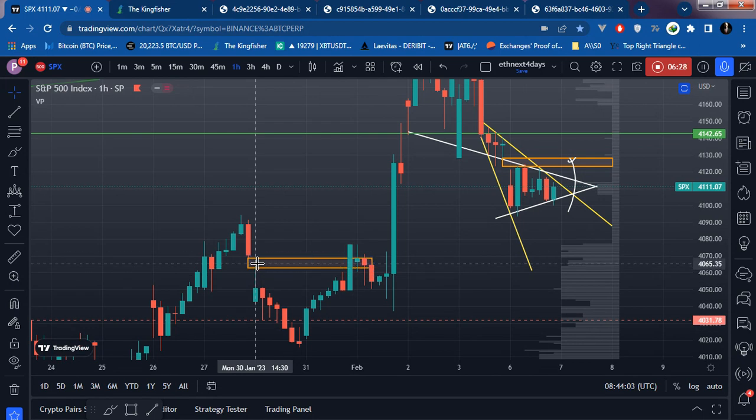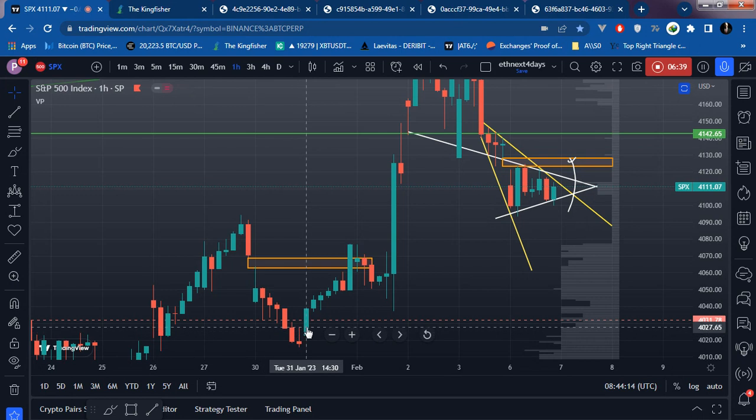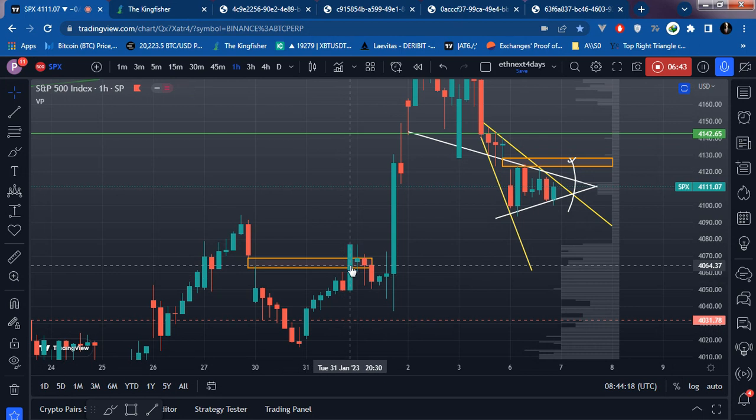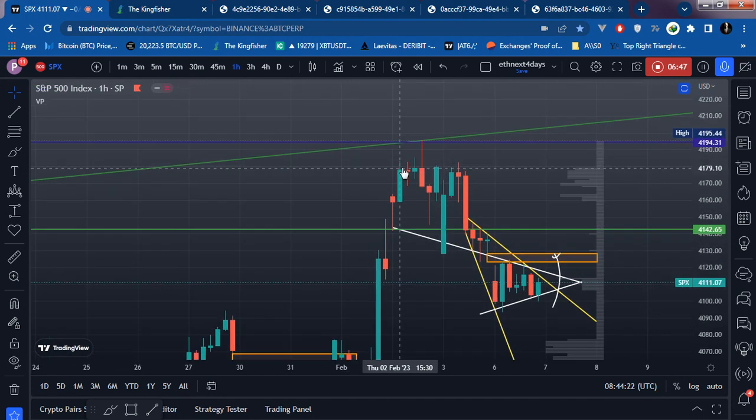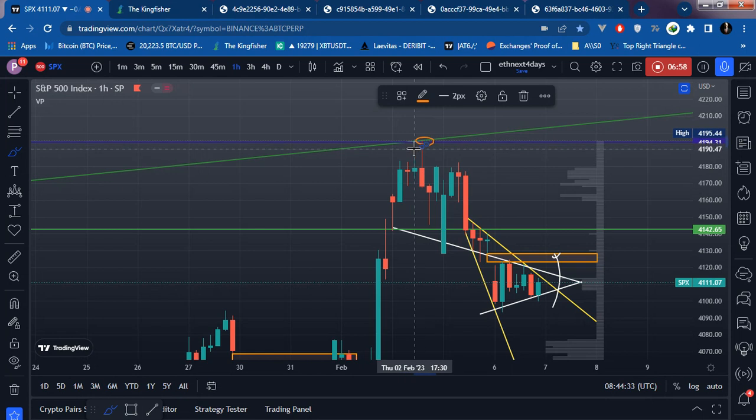We made a little bit of a gap, but we did not fill it on our first day last week. We ended here. Then next day on Tuesday, which was the last day of January, we filled the gap, and we went even higher. We went higher till here and here. If we want to do a little bit of price action analysis, we got rejected here. We only touched it once. We got rejected heavily.